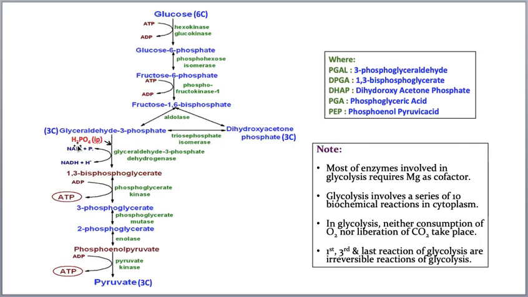This H3PO4, that means phosphoric acid, is donating, giving free, saying take one phosphate from me, and it is donating the inorganic phosphate to the glyceraldehyde 3-phosphate. So glyceraldehyde 3-phosphate already has one phosphate in the third position and the second phosphate is coming from this phosphoric acid, so it takes one from here, and on the first carbon it is getting added.